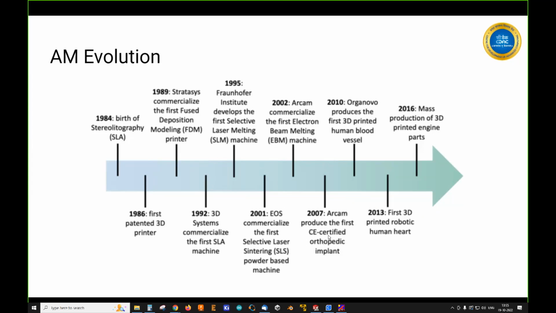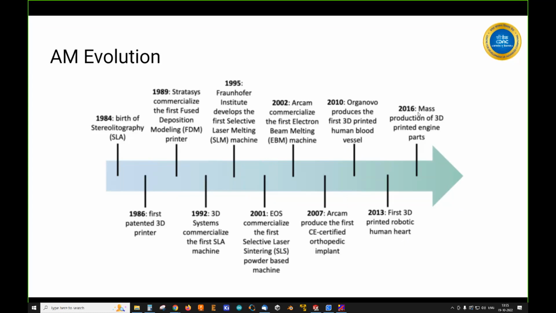They made a knee joint out of EBM using titanium, got it certified, and it was even used in a surgery. Okay, so in 2010, a company called Organovo produced the first 3D printed human blood vessel, and in 2013, the first 3D printed robotic human heart was also produced.